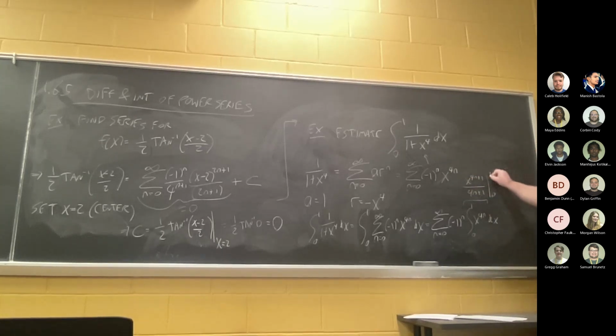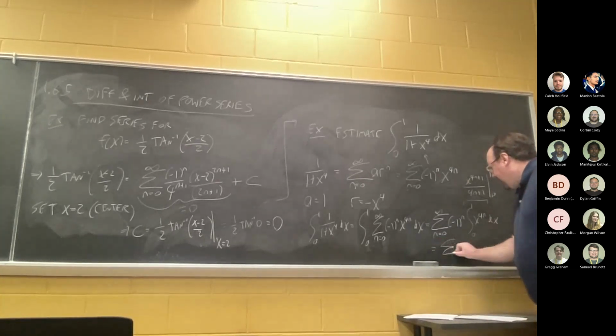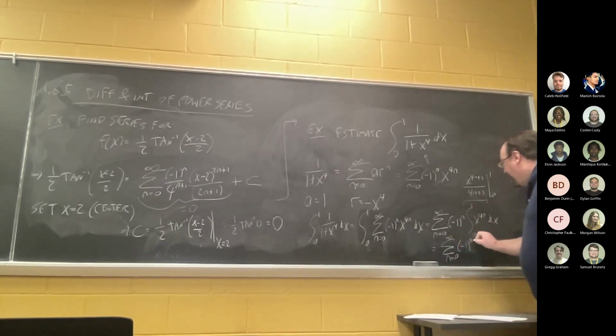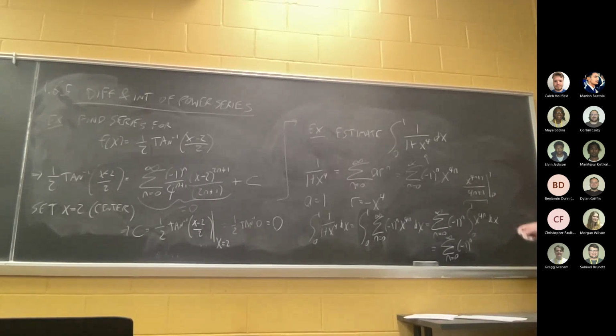When you plug in the limits 0 and 1, you get (-1)^n times 1 over 4n+1. So if you were able to figure out the sum of this series, that would be the value of the integral.